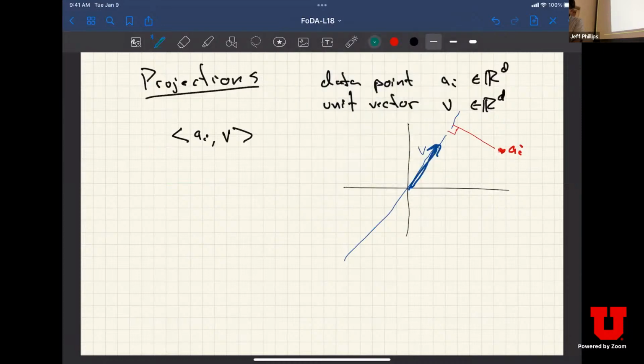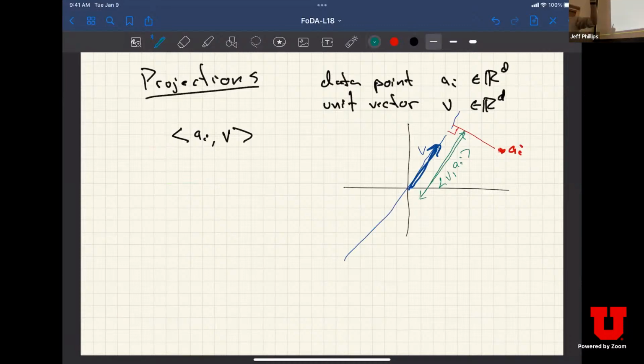If I look at the length of this projection, the length of here is VAI, if V is a unit vector. It's one way of interpreting the dot product. It's the length if I project it along V. Okay, we talked about this before.